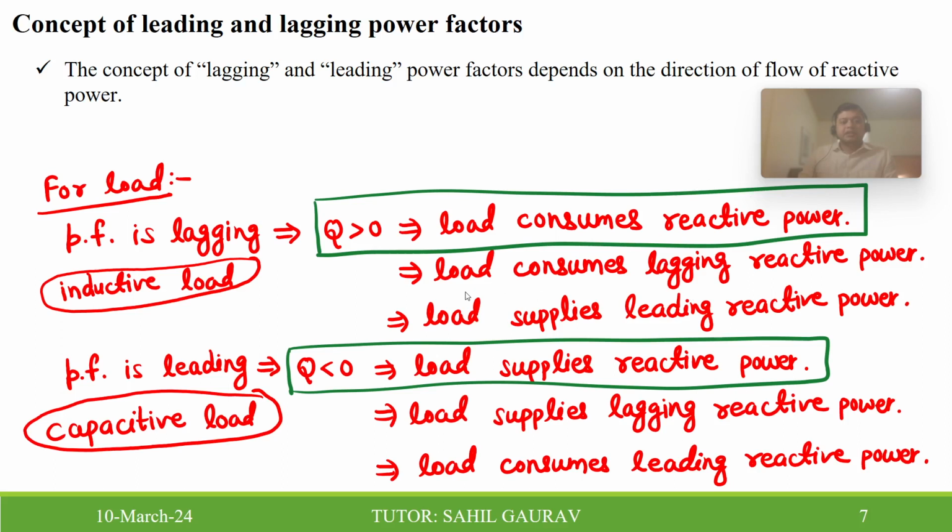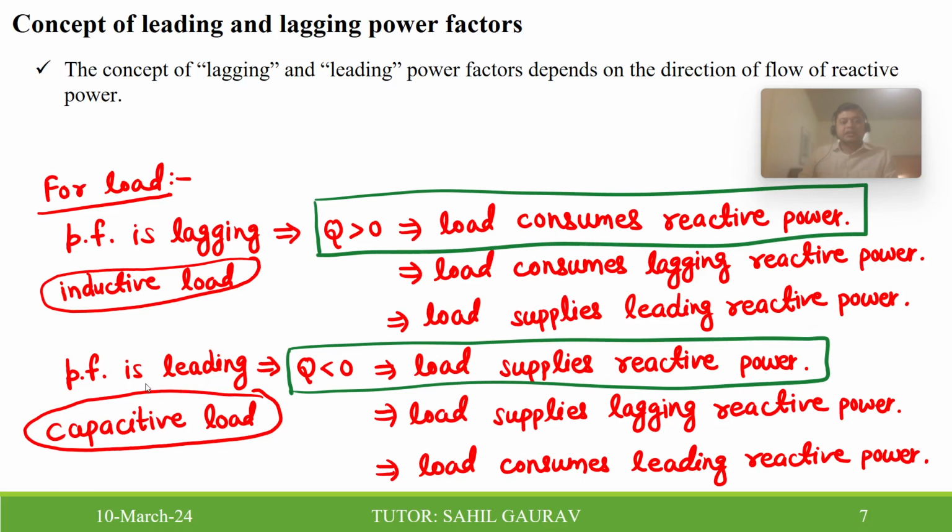In another way, you can also write that the load consumes lagging reactive power, and just reversing consumption to supply, the load supplies leading reactive power. So both are the same thing: if the load consumes lagging reactive power, that means the load supplies leading reactive power.